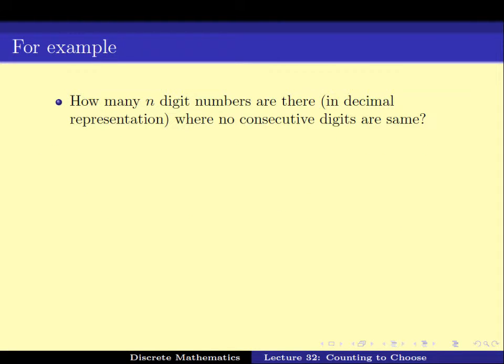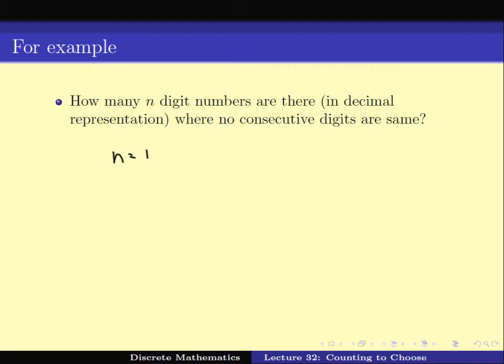So let's look at some examples. First one is, how many n-digit numbers in decimal are there where no consecutive digits are same? For example, if n equals 1, it is a trivial number.